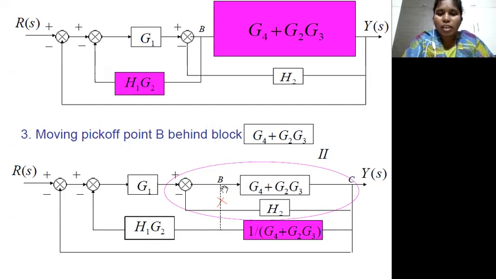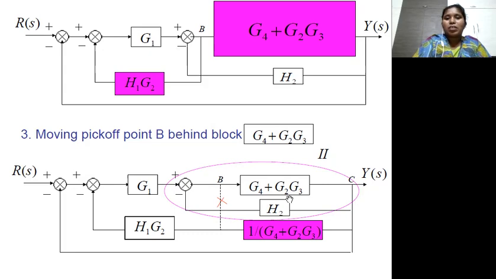So here what will happen, if the point B is not there, then we can say that this is a closed path. That means G4 plus G2 G3 and H2 form a closed path. Why? Because this is a negative feedback and this is an open loop path. So combined, it forms a closed loop circuit.